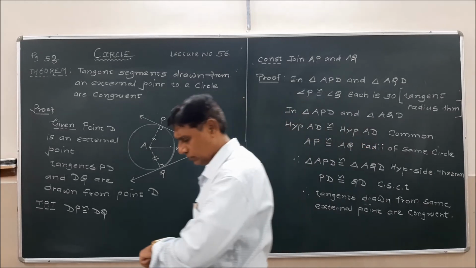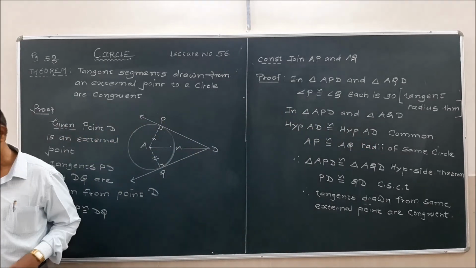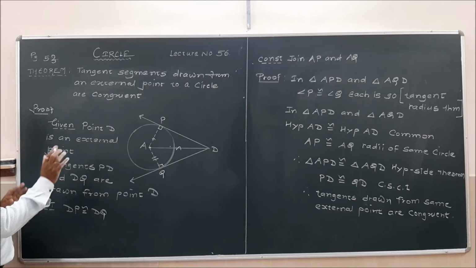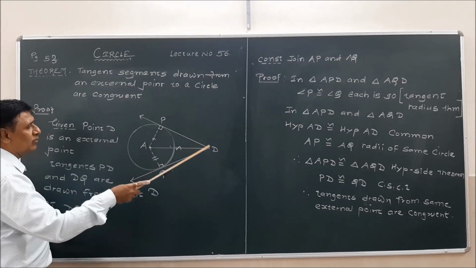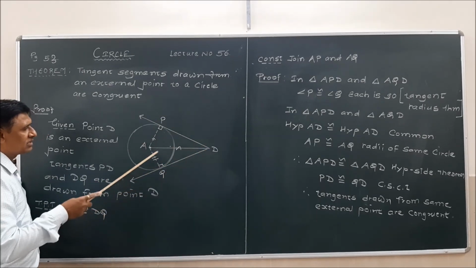Okay, so this is how this proof gets over. Please have a review of this theorem again. Tangent segments drawn from an external point to a circle are congruent. From an external point means one point to the circle.